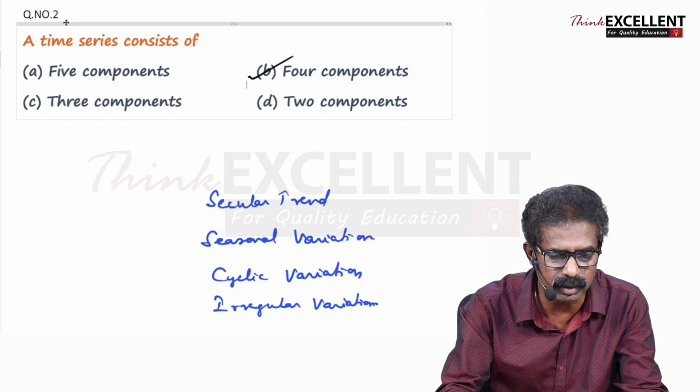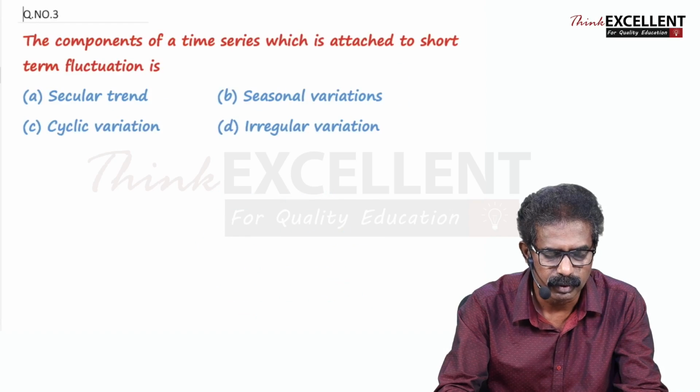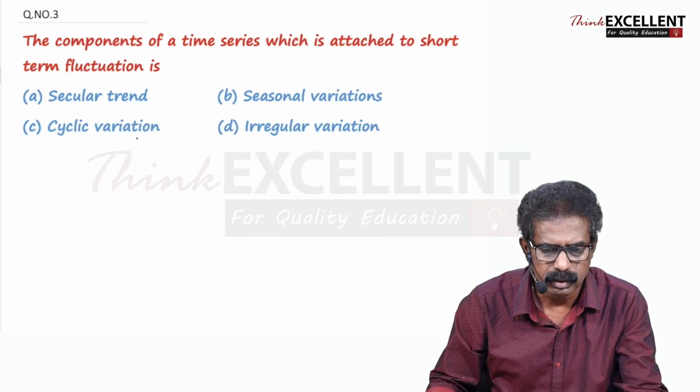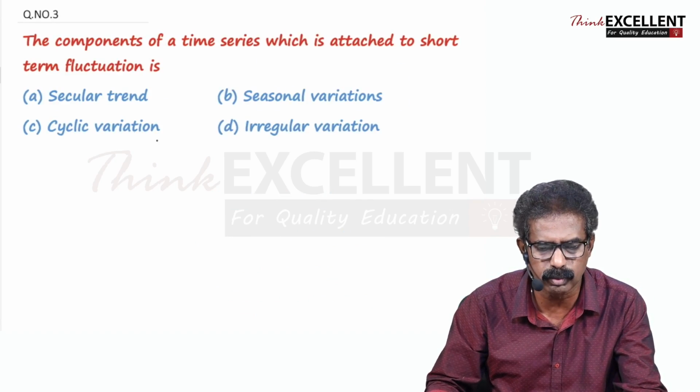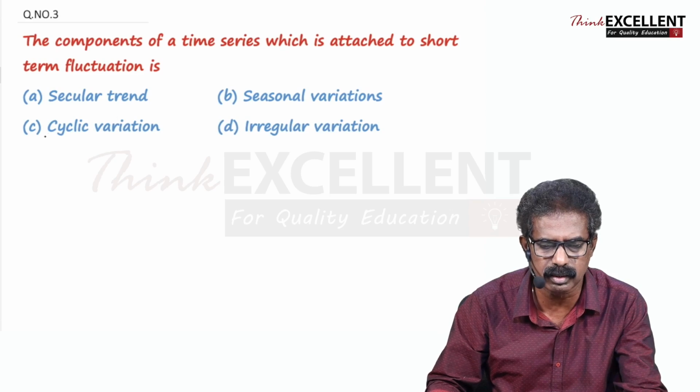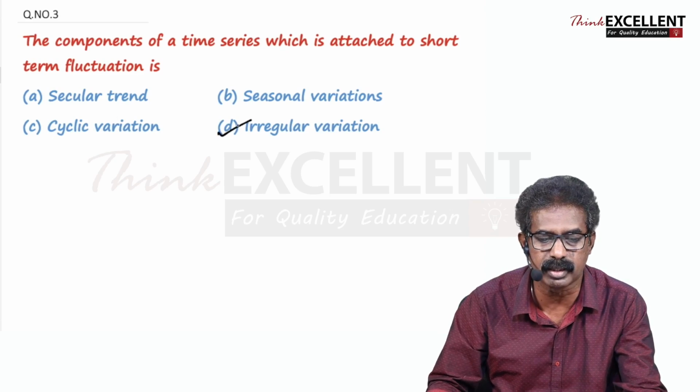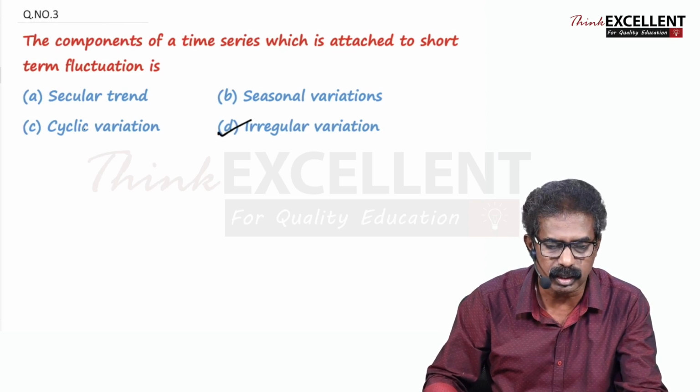Now let's move on to the third question. The component of a time series which is attached to short-term fluctuation: secular trend, seasonal, cyclical, no, irregular variation. So that is only for short-term fluctuation.